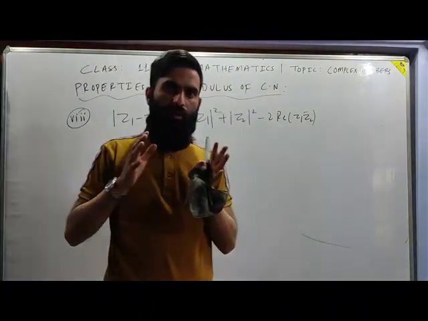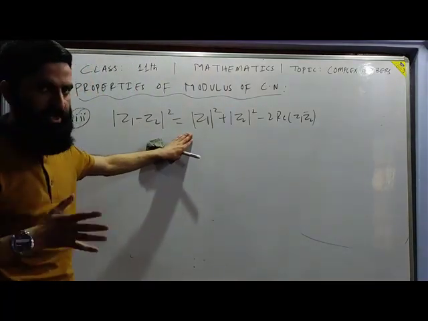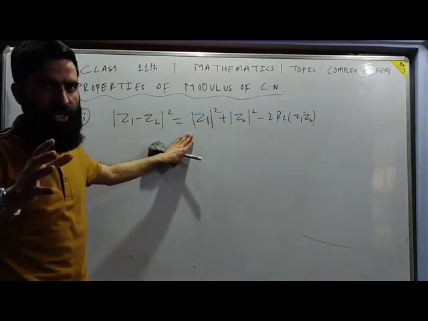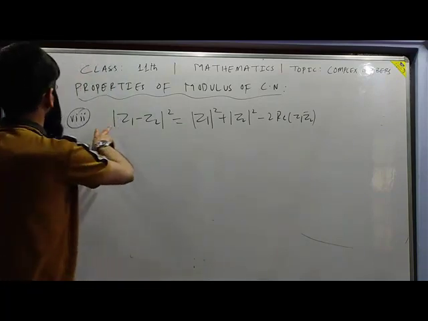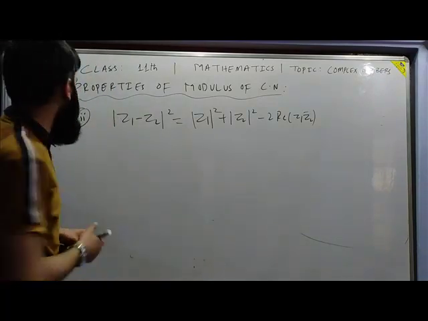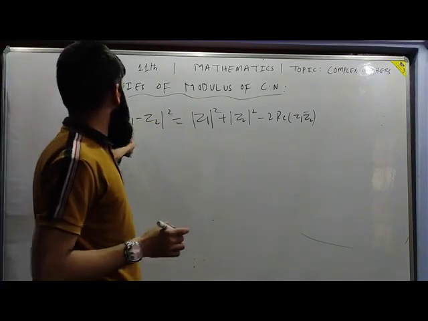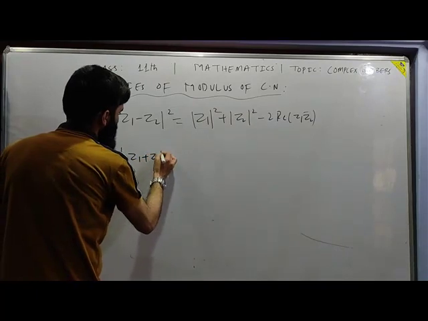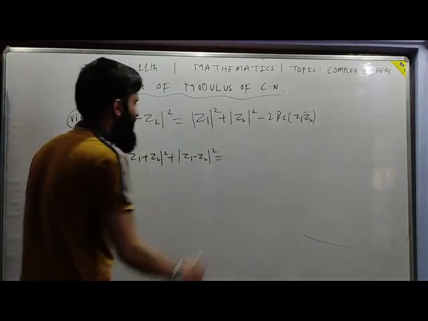If you encounter any kind of problem in deducing this expression, write that in the comment section and we will deal with it accordingly. Moving ahead, our ninth property is: if you take the summation of these two things, modulus of Z1 plus Z2 square and modulus of Z1 minus Z2 square, what will that be?